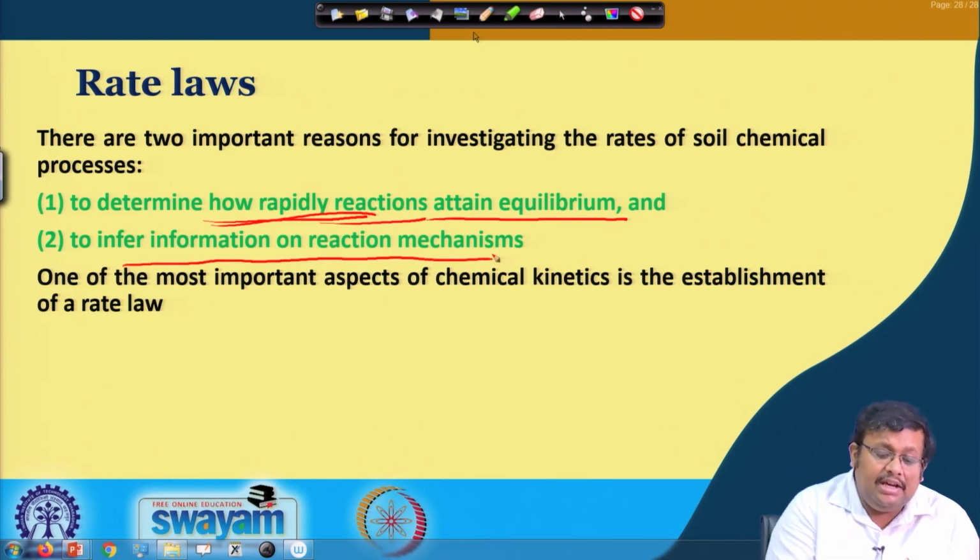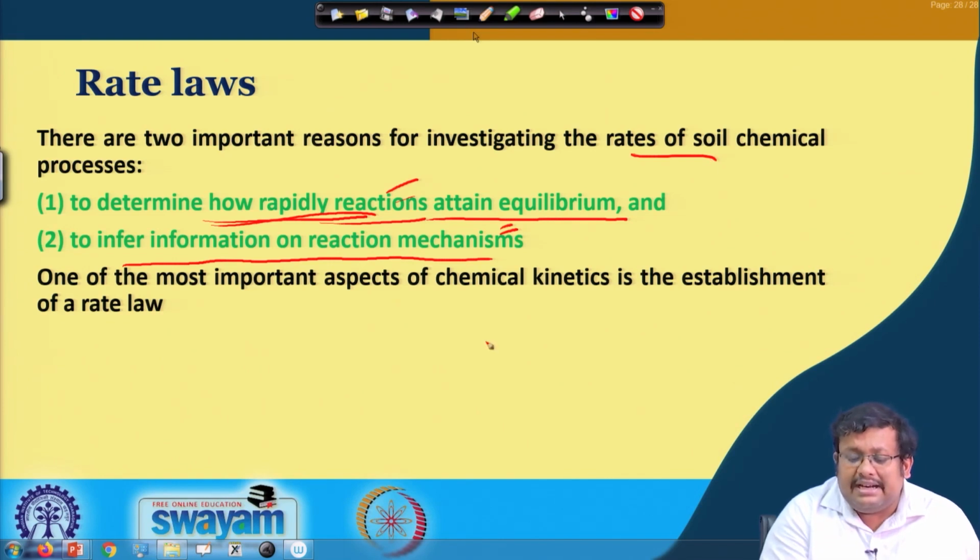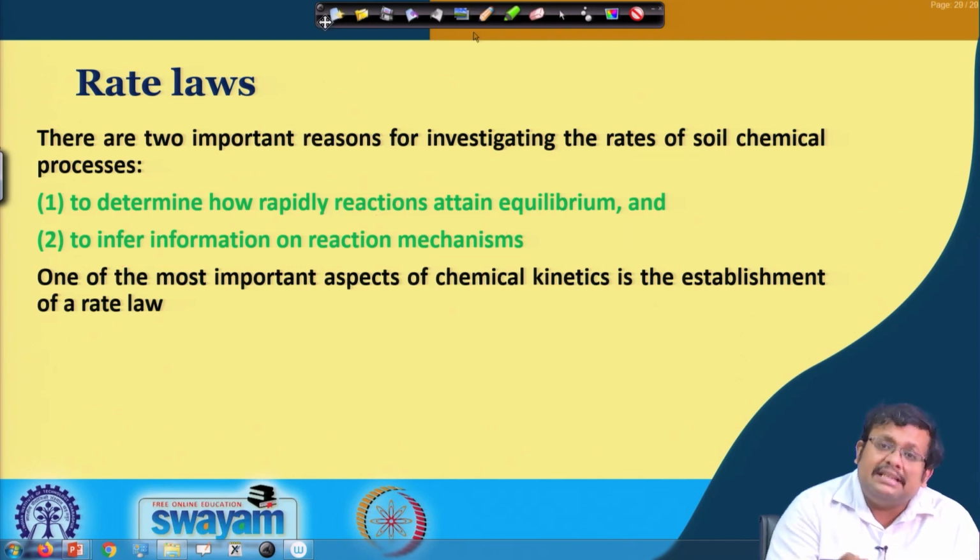So, not only to determine the rate of reaction, but also to get information on the reaction mechanism, we need to investigate the rates of soil chemical processes. One of the most important aspects of chemical kinetics is the establishment of a rate law. Okay. So, we will now discuss the rate law.